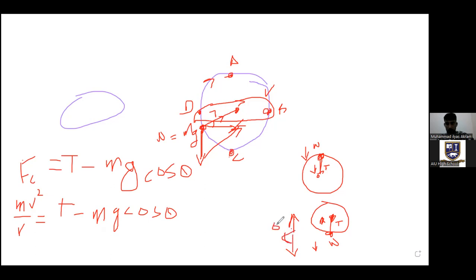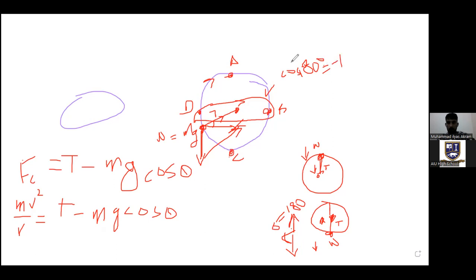So we can say that that angle is equal to 180, because this is the total half of the circle, so we can put the value of cos theta with theta equal to 180. Cos 180 degree is equal to minus 1.